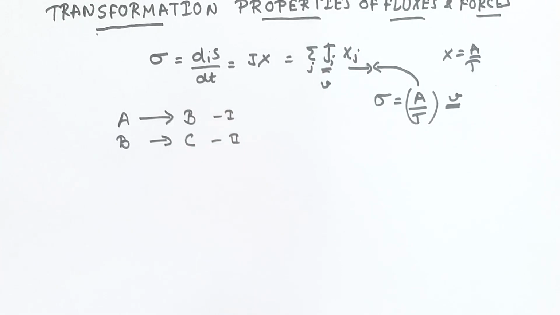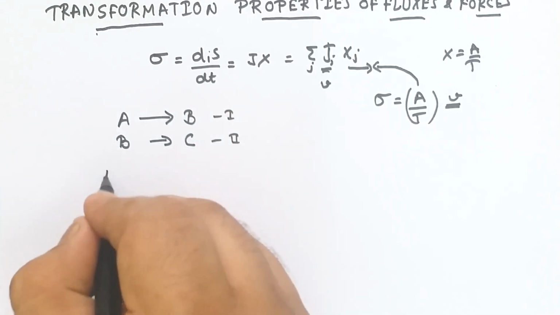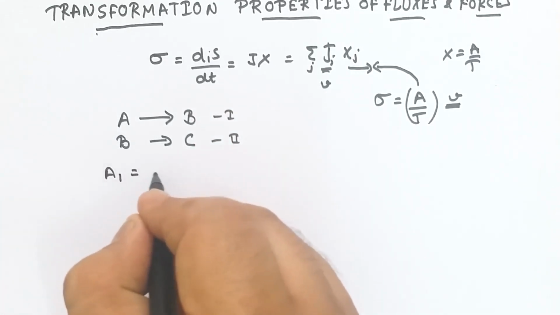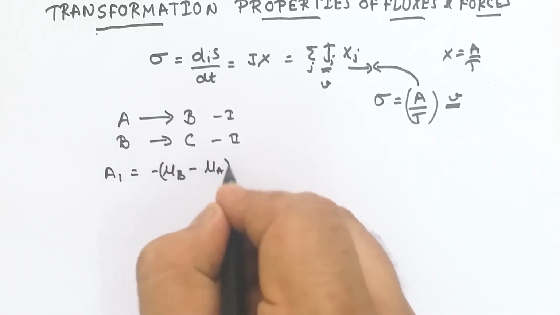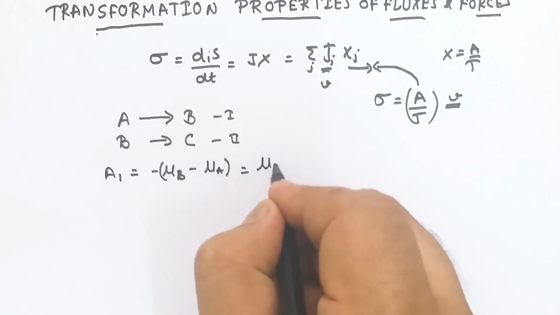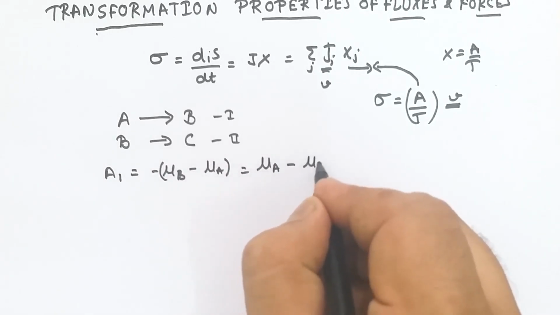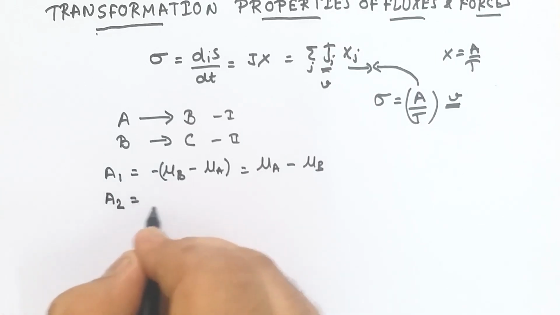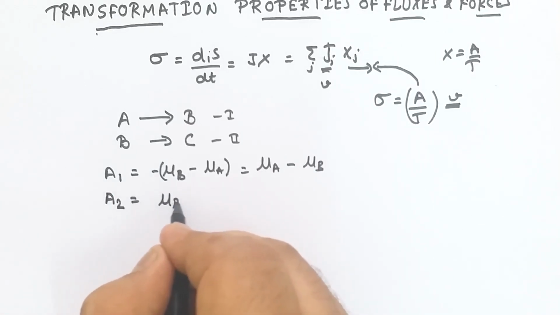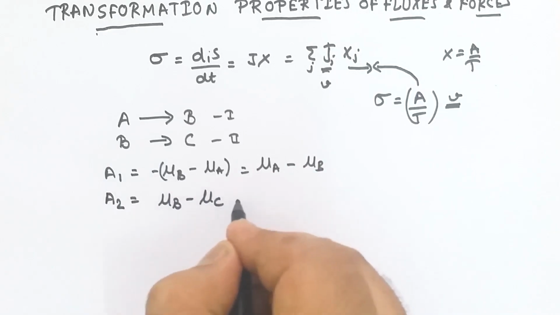Now the affinity of the first reaction we may write as A1, that is equal to mu A minus mu B. Okay, similarly the affinity of our second reaction A2 we can write as mu B minus mu C.